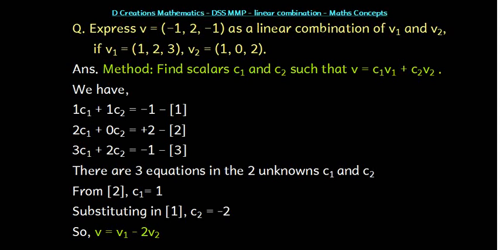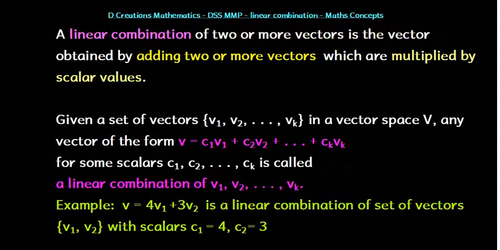Before we start solving the problem, let us recall what linear combination is. We have seen earlier that a linear combination of two or more vectors is basically the addition of these vectors when multiplied by scalars.